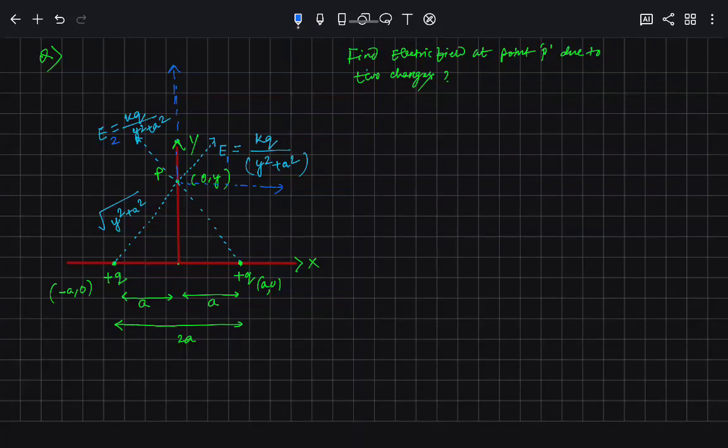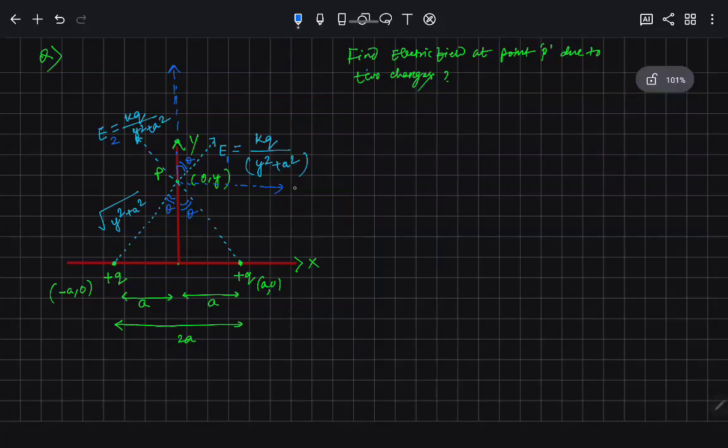Along the X direction, I have to find out. So I take this angle as theta and this angle also theta. If this angle is theta, then in the two triangles this angle will also be theta.